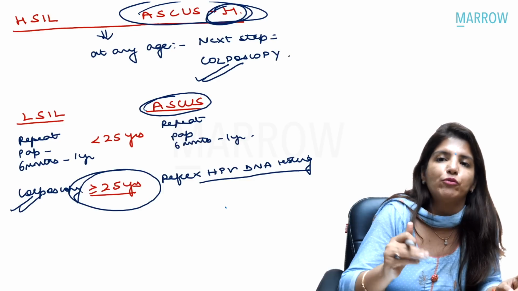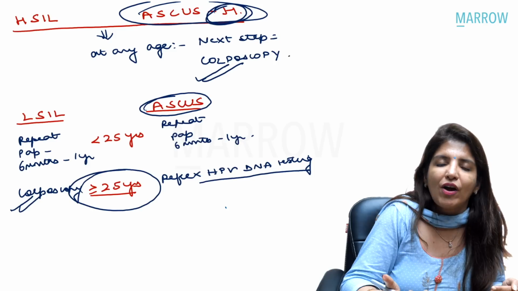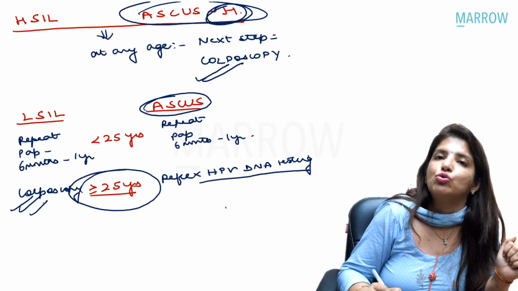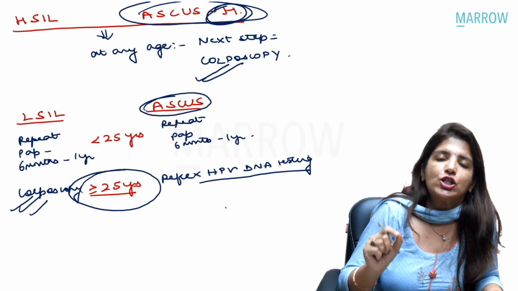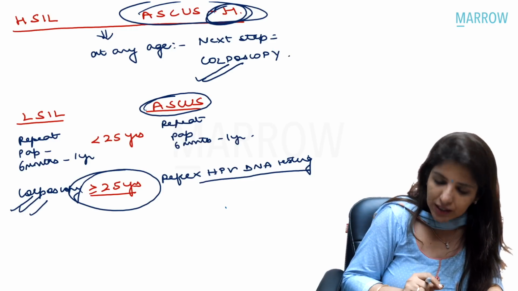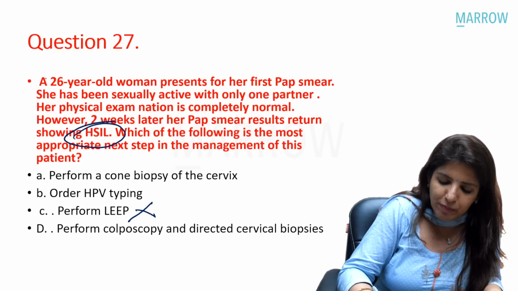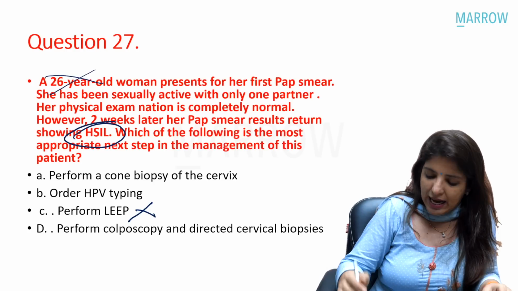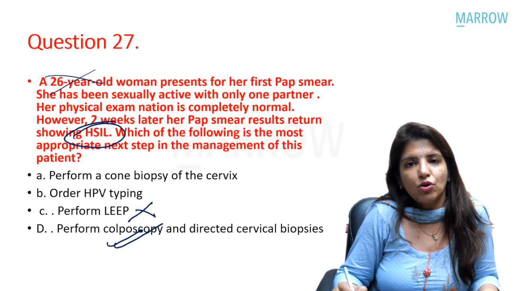So you're going to say, I'm going to repeat a pap smear. But if patient's age is more than 25 years, then in LSIL, I'm going to go for colposcopy. In ASCUS, I'm going to go for HPV DNA testing. Clear? So over here, report has come as HSIL. Irrespective of the age of the patient, I have to perform colposcopy.